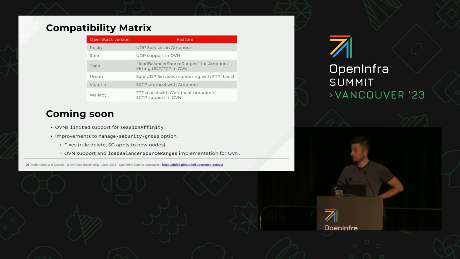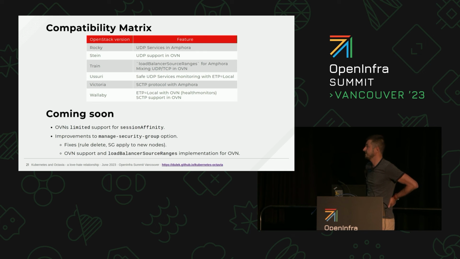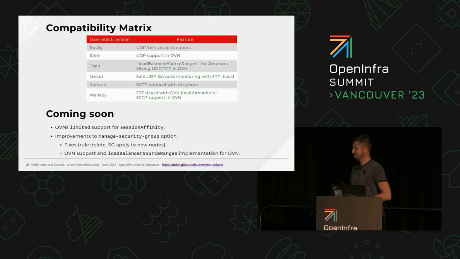And soon, OVN should get limited support for session affinity. And I'm working on improvements to the manage security groups option. So it needs some fixes, like being able to delete the security group rules, actually. And I think security groups are not applied to new nodes.